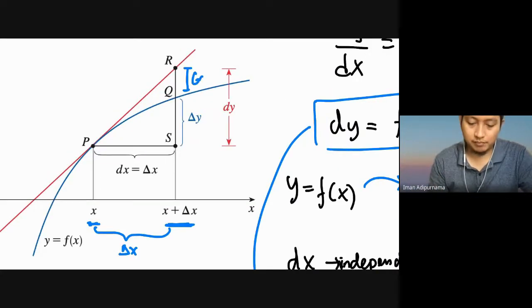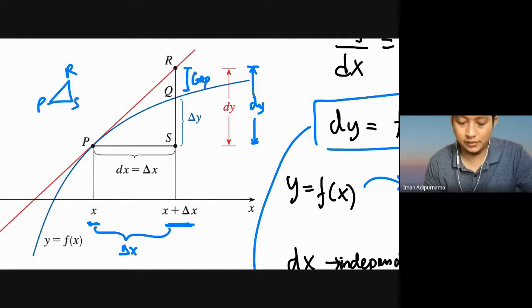A gap. And if you look at the triangle PRS, you will notice that you have a long dy here, compared with the curve itself, the delta from QS.